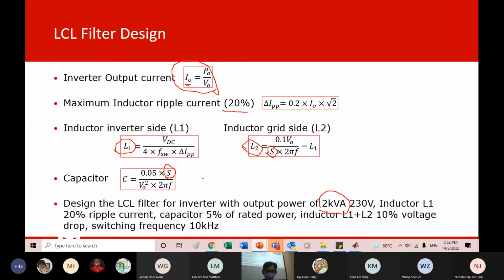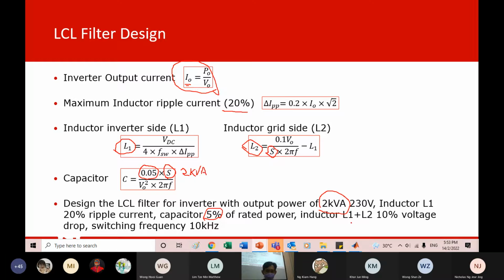So this is how you can calculate. 5% design, with L1, 20% ripple, 5% of rated power, which is 0.05. Say S is 2 kVA rated power.